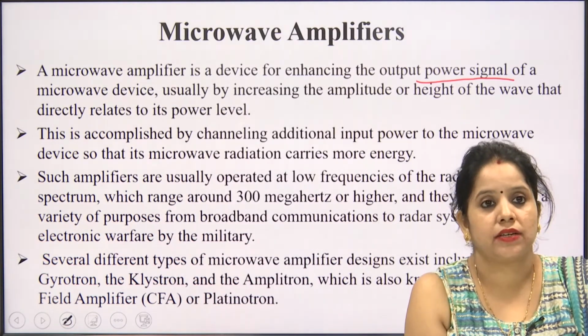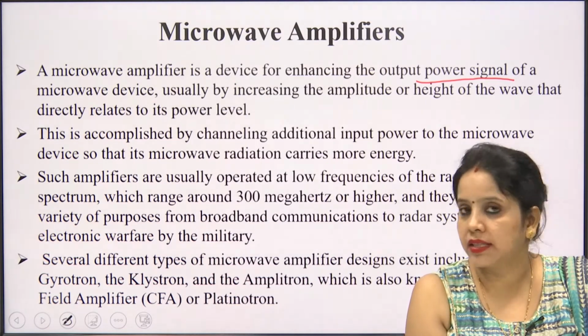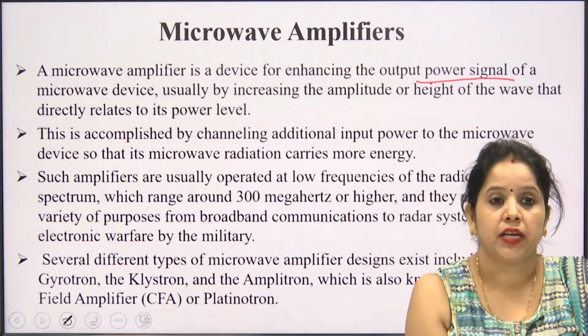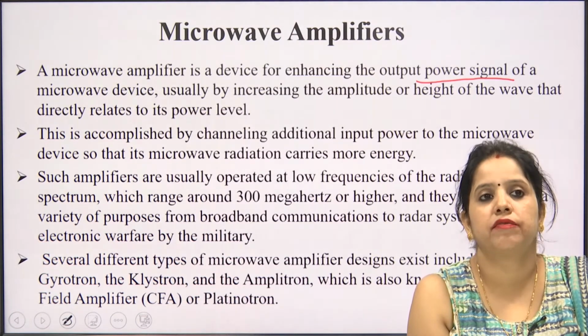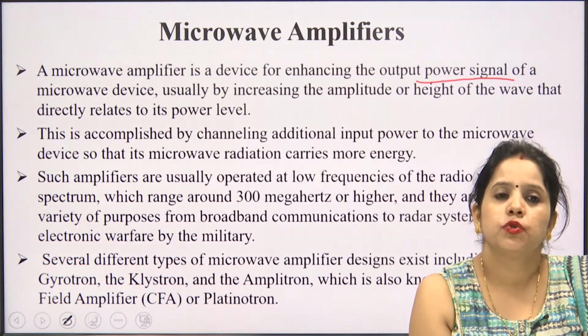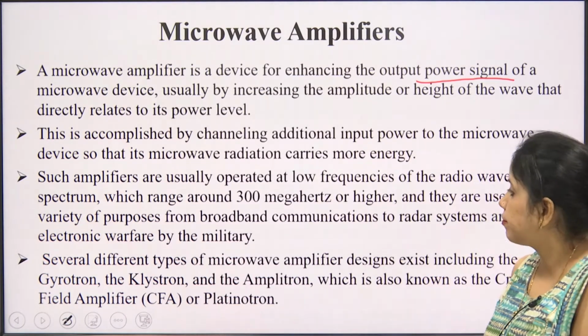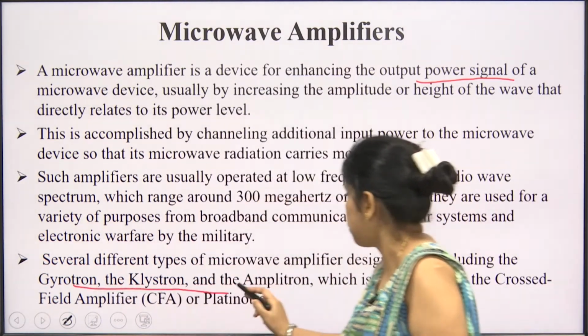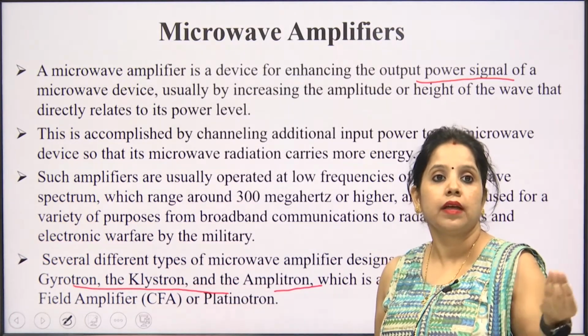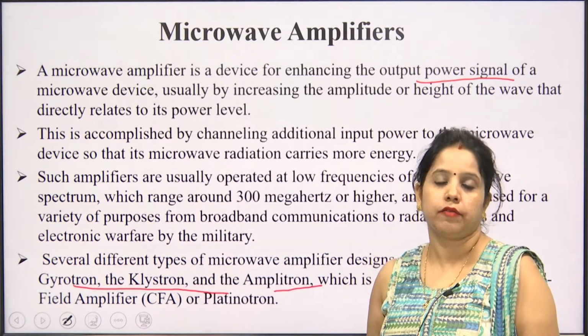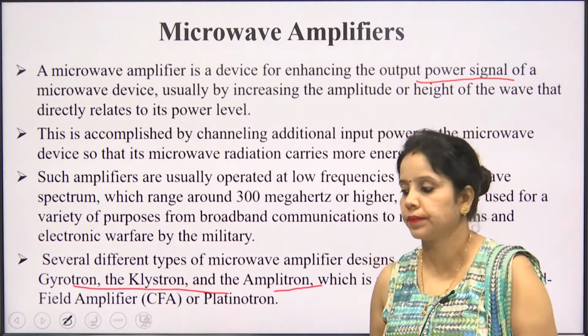Magnetron is an oscillator, so that does not come in the section of microwave amplifiers. Whenever you are going to write the examples or the working of microwave amplifiers, first of all the examples are of course the gyrotron, the klystron, amplitron, etc. So, only take the amplifiers, not the oscillator, for example magnetron, which is an oscillator.